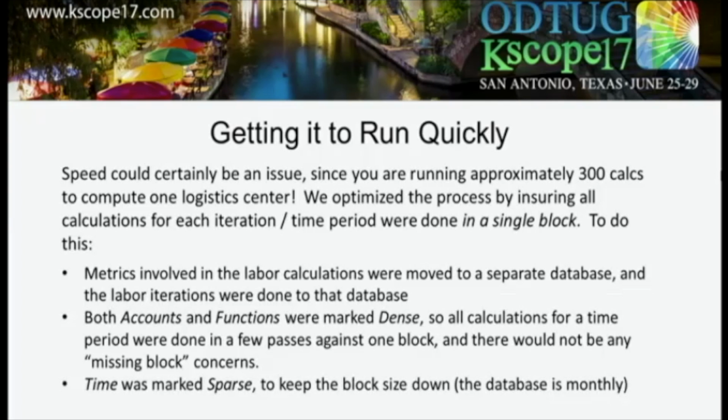To get it to run quickly, here are a couple pieces of advice. One, if you have a calc script that you really need to run quickly for any particular reason, in other words, 5 seconds isn't good enough, 8 seconds isn't good enough, we're talking half a second at the max, or 3/4 of a second, you should probably think about making a database that has the dimensionality that will most suit that calculation.